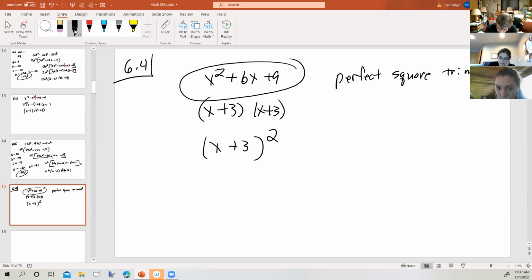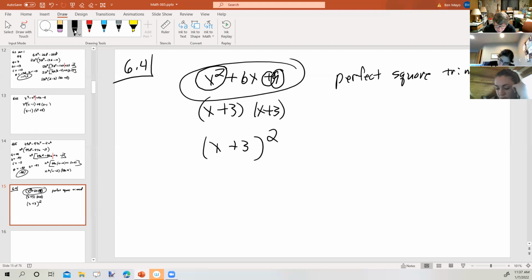Now, with a perfect square trinomial, there is a pattern that we can look for, okay? If a polynomial is a perfect square trinomial, the first term is always a perfect square, the last term is always a perfect square, and there has to be a plus sign in front of the last term. Now, there are some other characteristics, but I choose not to go there. I think that this is enough to get by with.